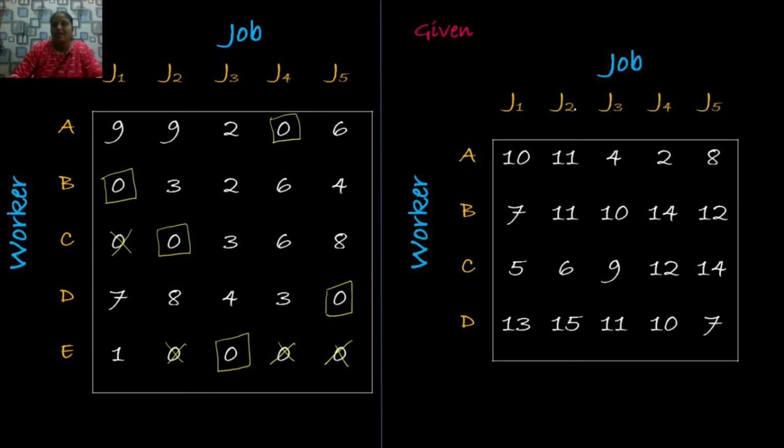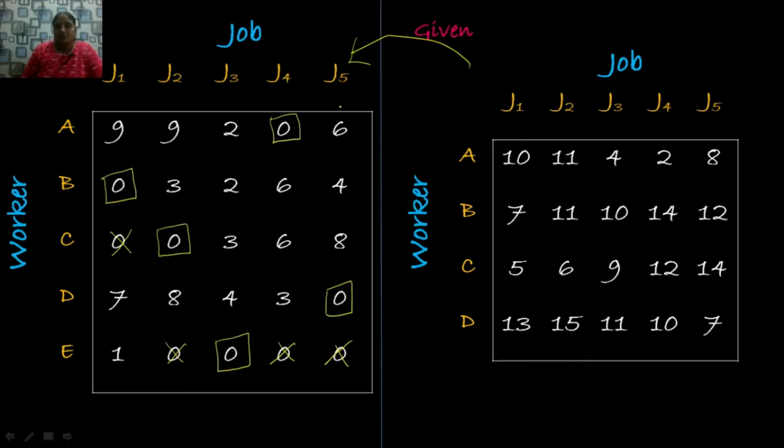So this is the matrix given. So we have to convert this matrix to this matrix using the Hungarian method. So this is the reduced matrix we have arrived at using the Hungarian assignment algorithm.